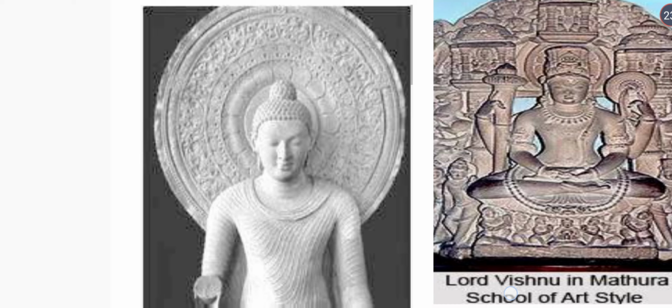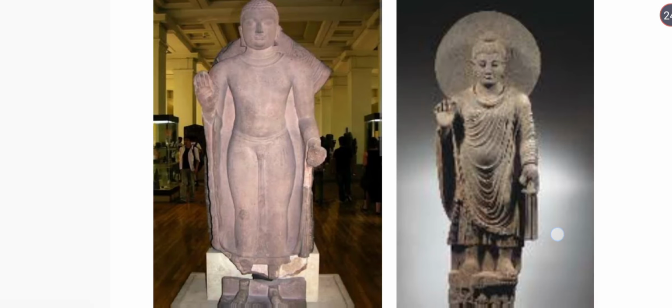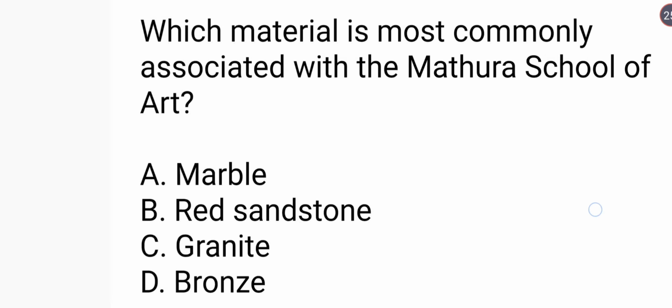This is the standing Buddha statue, and here is one of Lord Vishnu, Mathura school style sculpture. Then next we see two images of Buddha. Here, this statue is totally young.